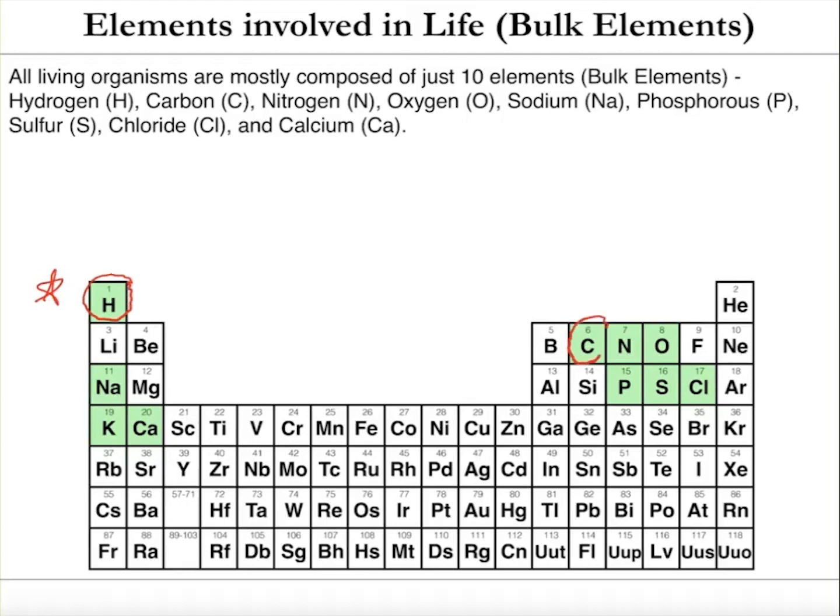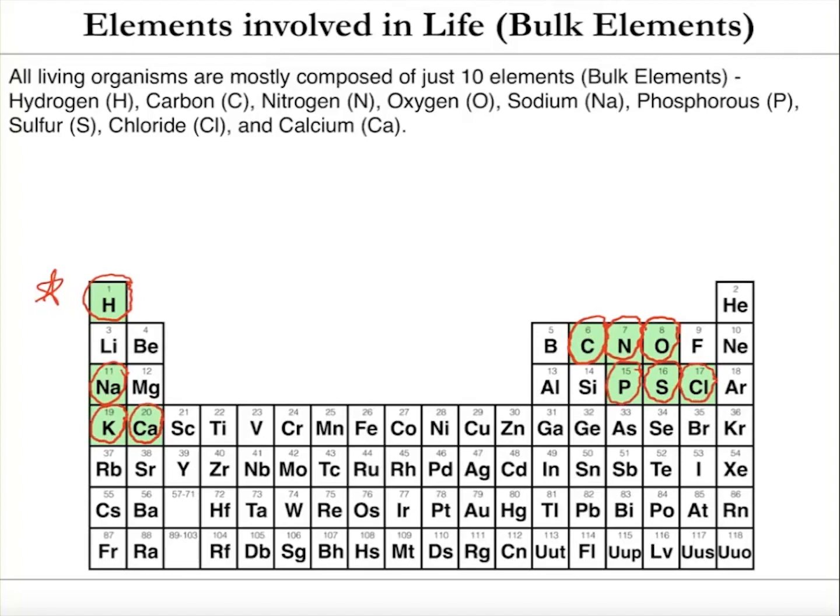So that's the most important. All life is carbon-based, which we'll talk about here in a minute. We have nitrogen, which is 7, and we have oxygen, which is number 8. We also have sodium, which is number 11, phosphorus, which is number 15, sulfur, which is number 16, chlorine, which is number 17, potassium, which is number 19, and calcium, which is number 20.